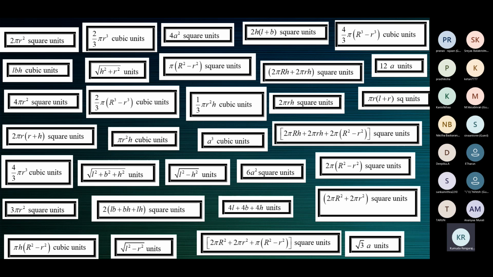Sphere and hemisphere, you will see that there is no H in it. It will only be in terms of r. All the formulae will have only pi and r in them. In cylinder and cone, you will have r and h or r and l. For a cone, you'll have pi r l.